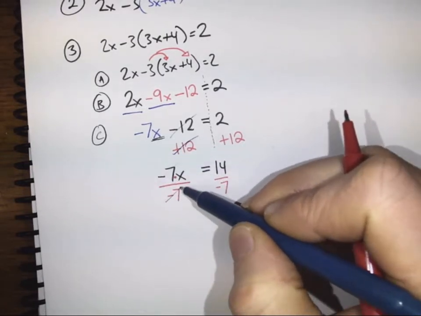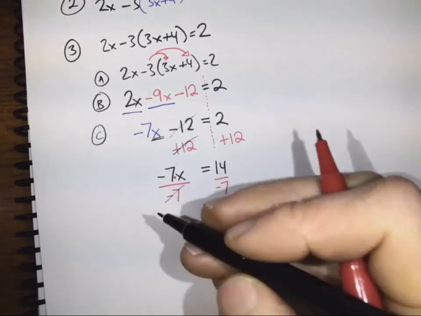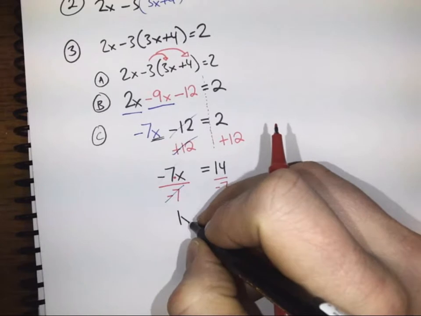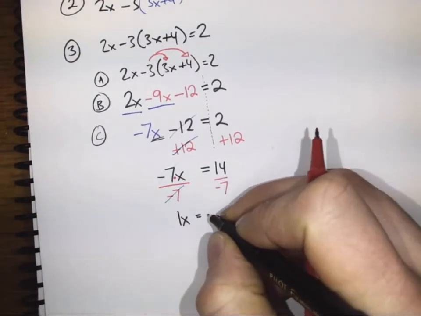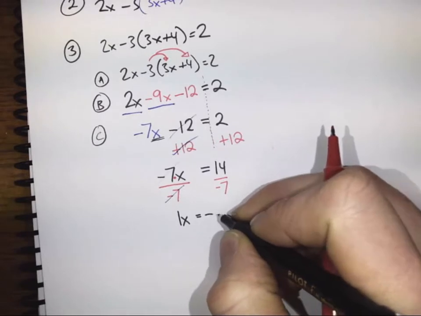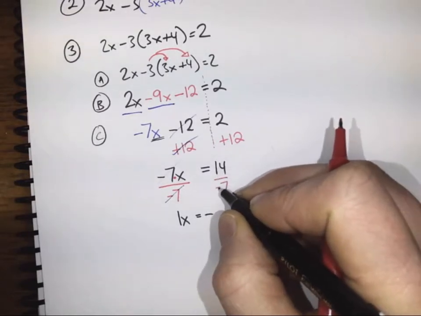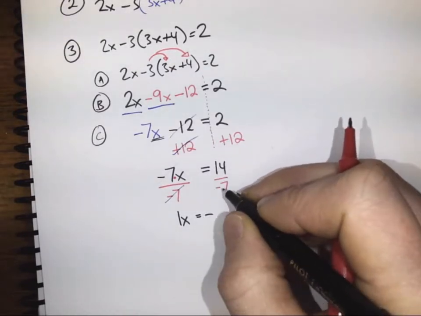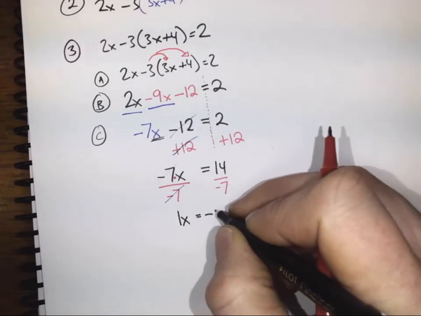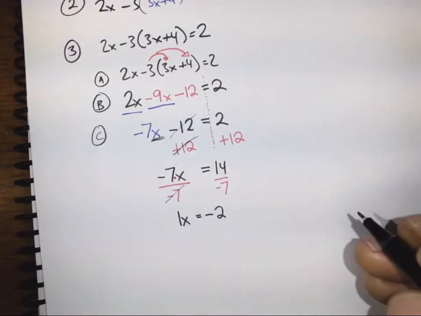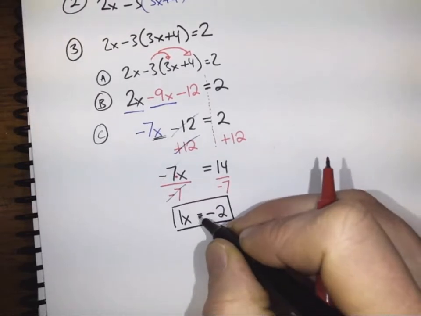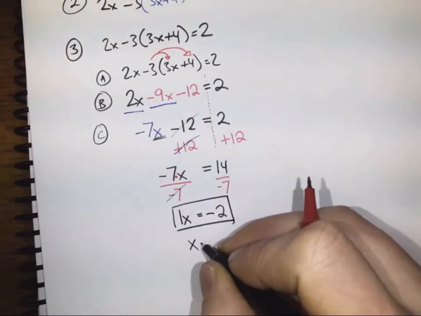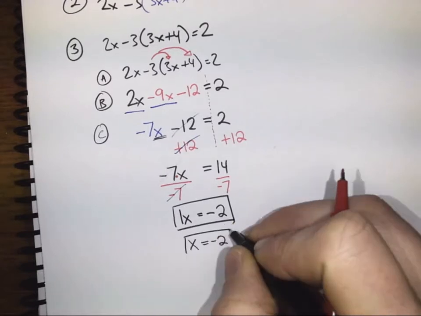Negative 7 divided by negative 7 leaves 1 as 1x, which is what we're trying to get. And 14 divided by negative 7 is a negative number, because a positive divided by a negative is a negative. And 7 goes into 14 twice, so it would be negative 2. So I can think of this being 1x is equal to negative 2, or just x equals negative 2.